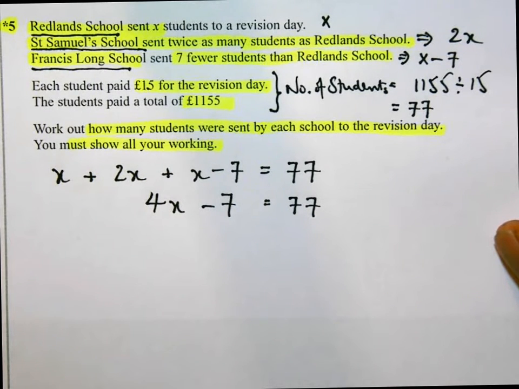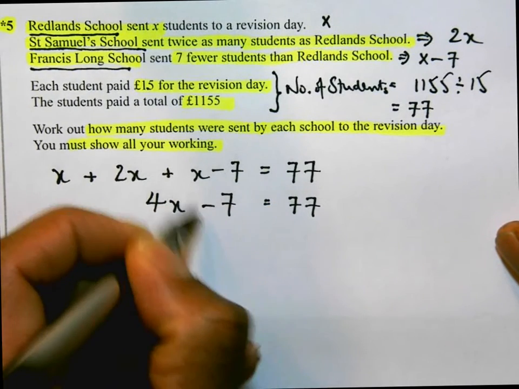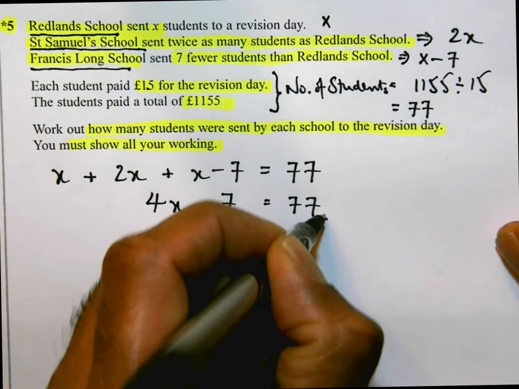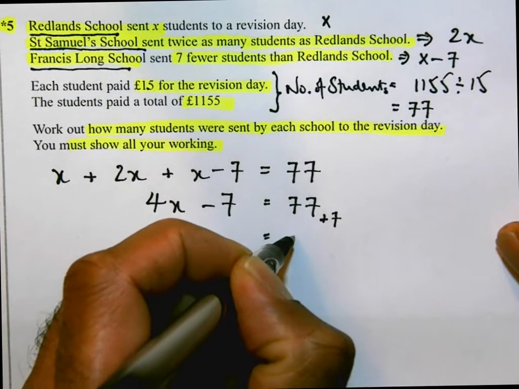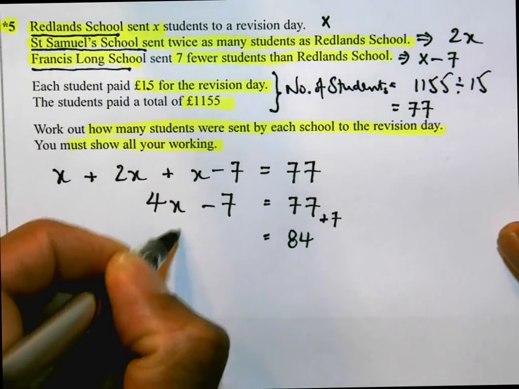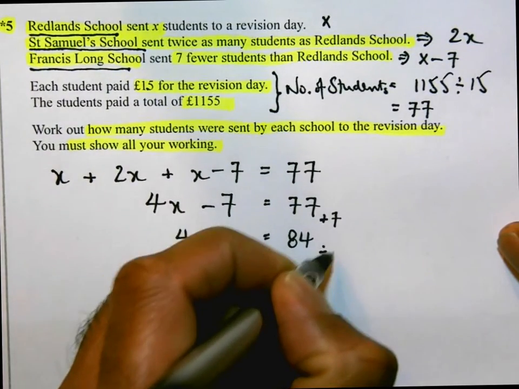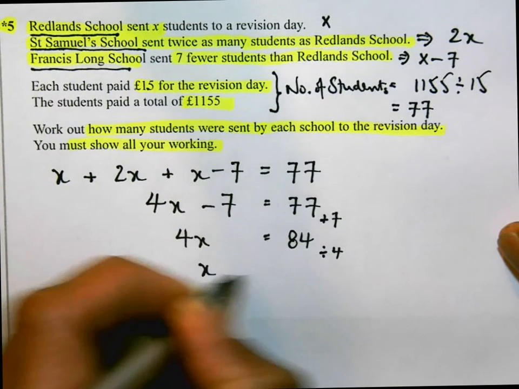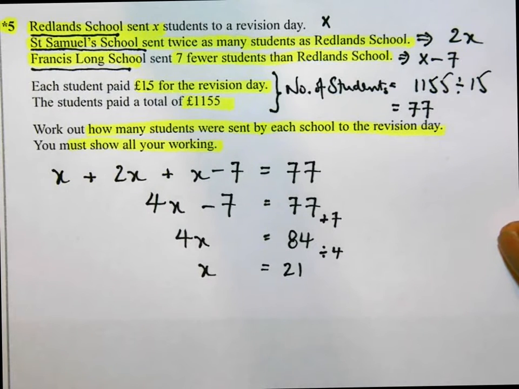This is now an equation in a form that you should be familiar with. We need to solve this and work out what X is. To get rid of that minus 7, I'm going to add 7 to the right-hand side. 77 plus 7 is 84. So I have 4X is equal to 84. 84 divided by 4 gives me X is equal to 21.